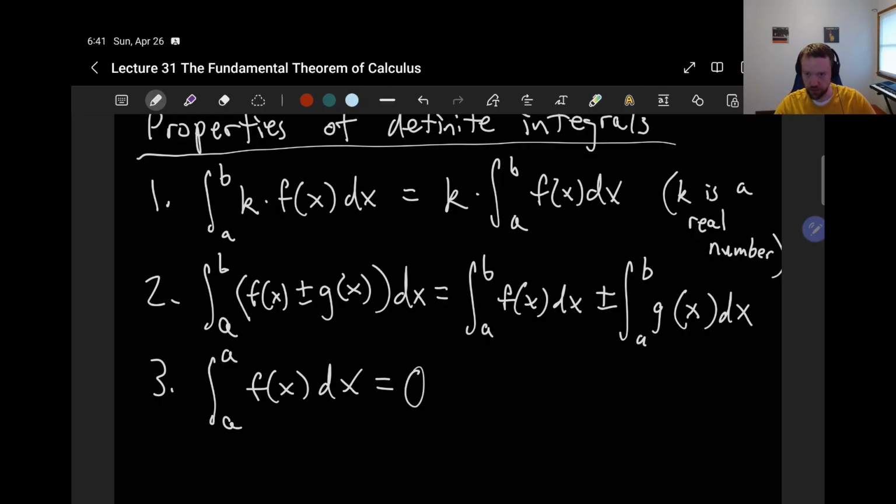So that's going to give you zero area. It's infinitely thin. There's no width here, so no area. You could also see how this works out from using the fundamental theorem formula. You'd get capital F of A minus itself, so 0.